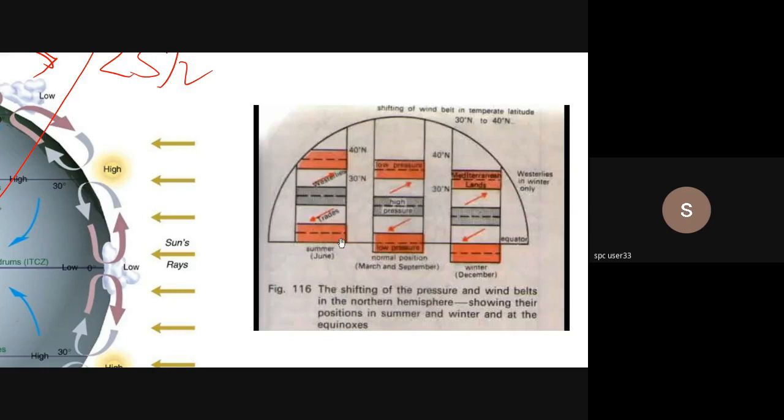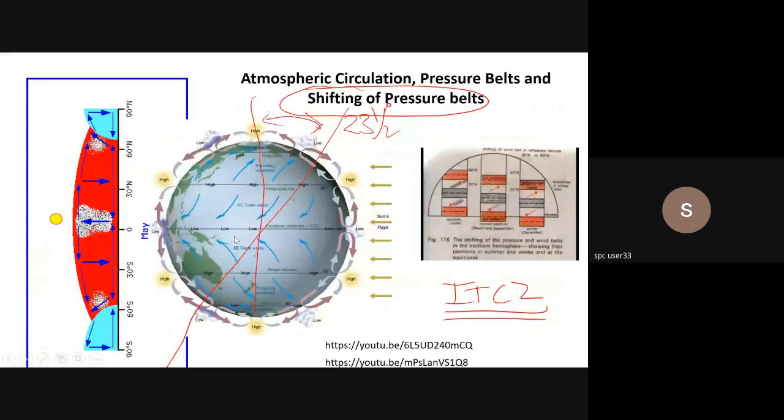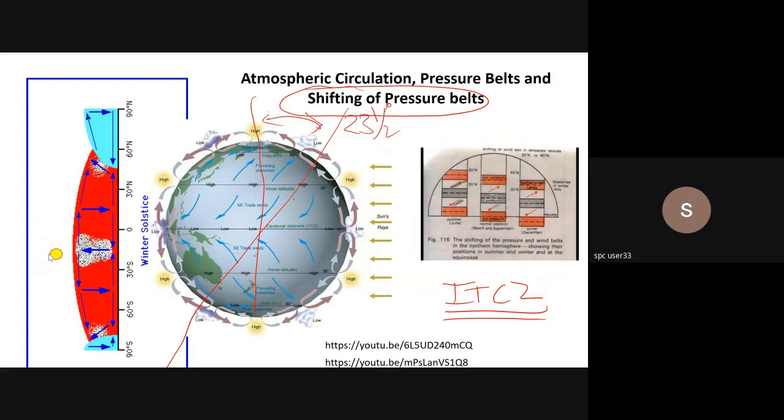And as a consequence, the other belts also shift, and this shift is around 5 to 10 degrees; 10, of course, is an exaggerated number, but around 5 degrees of latitude north and south. This is how they keep on shifting. So always remember that with atmospheric circulation come pressure belts, and with pressure belts you also have to understand the shifting of pressure belts.